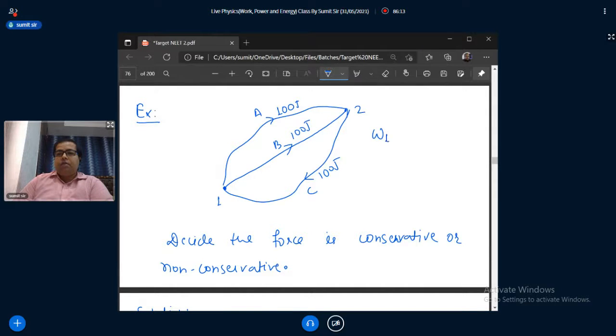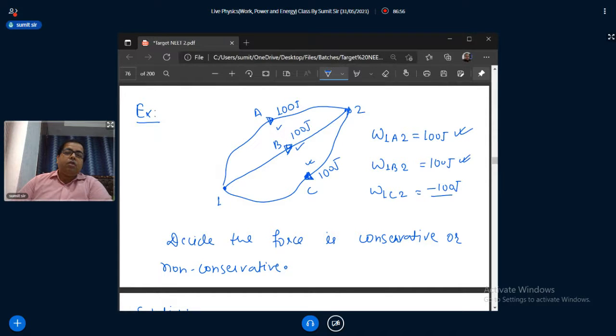Suppose the work done going from 1 to 2 is 100 joule. And the work done going 1B2, the other path, you have 100 joule. But the work done from 1C2, you have minus 100 joule. So you can see it depends on path.